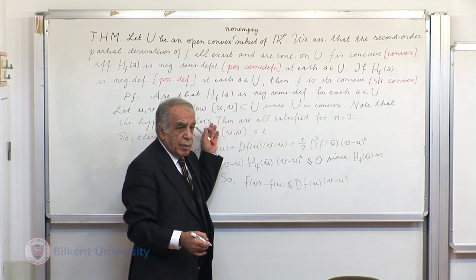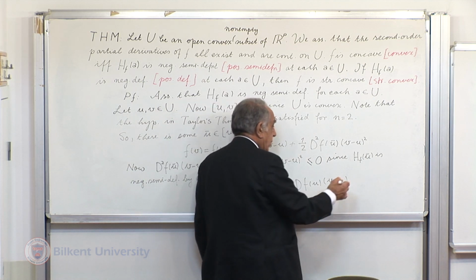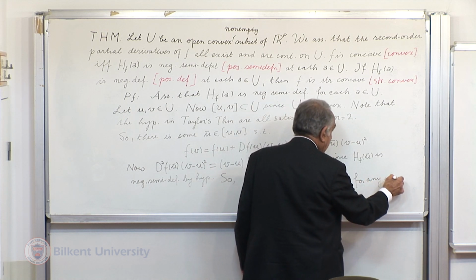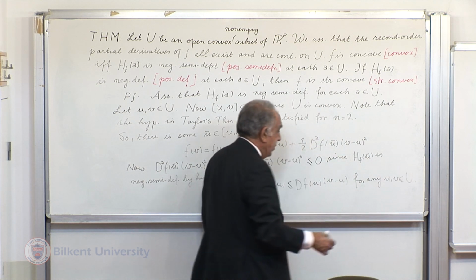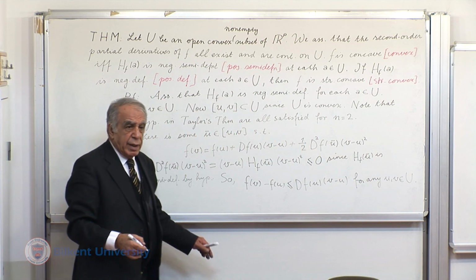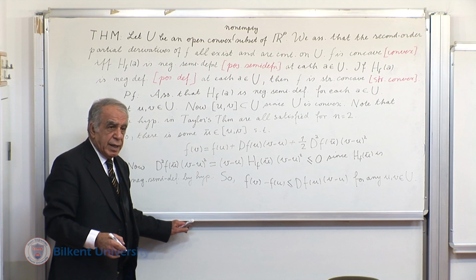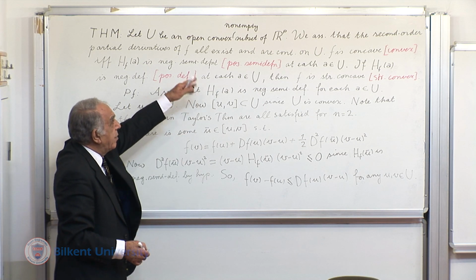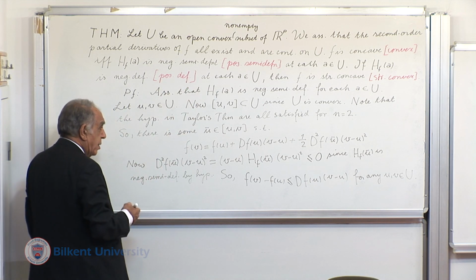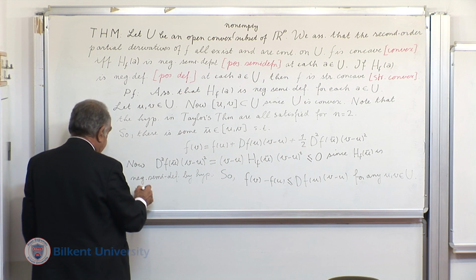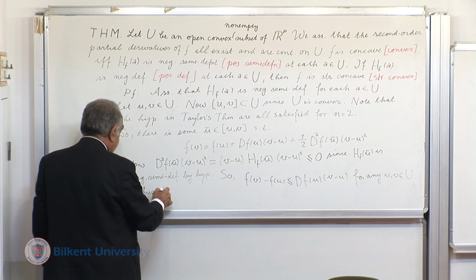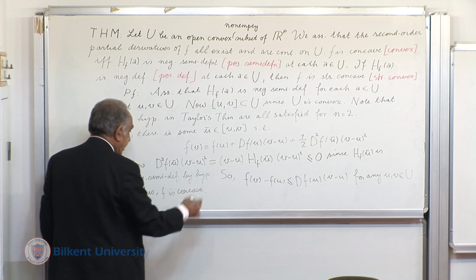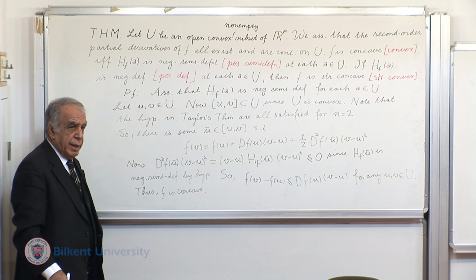But u and v were arbitrary, so this holds for any u, v in U. But this was equivalent to f being concave in case f is differentiable. Here it's differentiable. In fact, it also has the second derivative. Thus, f is concave. Okay?